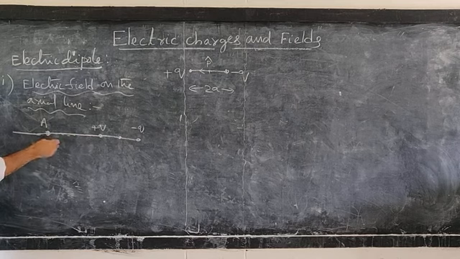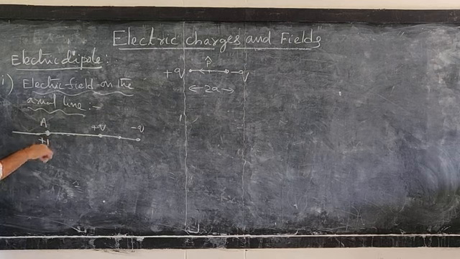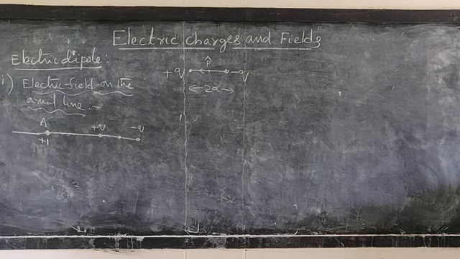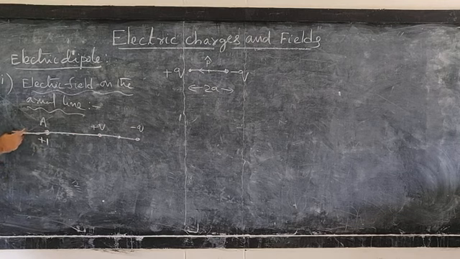Now, to know the electric field strength due to a charge, we must keep a test charge here. The test charge is nothing but a unit positive charge. So, due to this plus q, this test charge will experience a repulsive force.